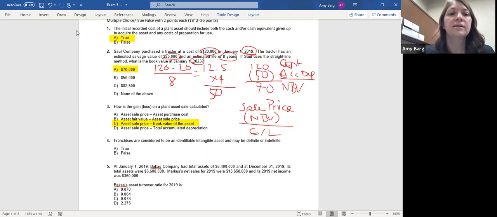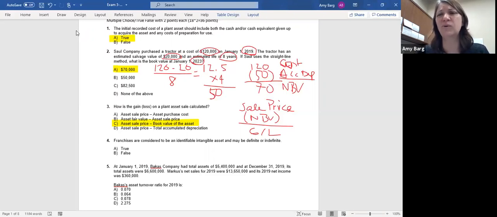Right. So the sale price. So when you sell something, say you sold something for $100, right? Say you've got a computer that you've had for a while, and say you sell it for $100, and you might have purchased it for $600, but you've had it for 5 years.